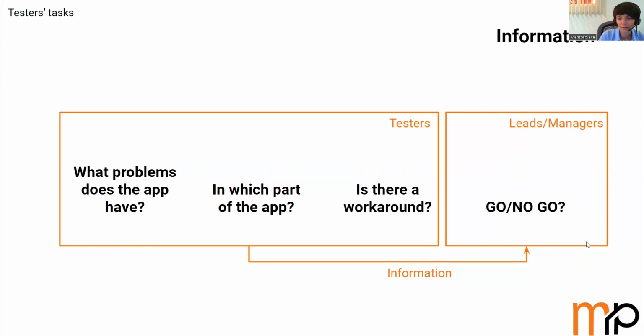And you go with this information to your leads, managers, and other stakeholders like project managers, product owners, anybody. And what are they doing with this information? Firstly, they are collecting the metrics of the application testing, because you can say that everything is bad, the application is not good, and we cannot go to the users with it.